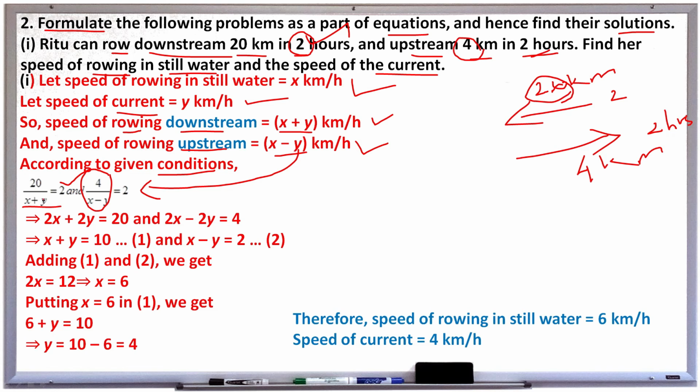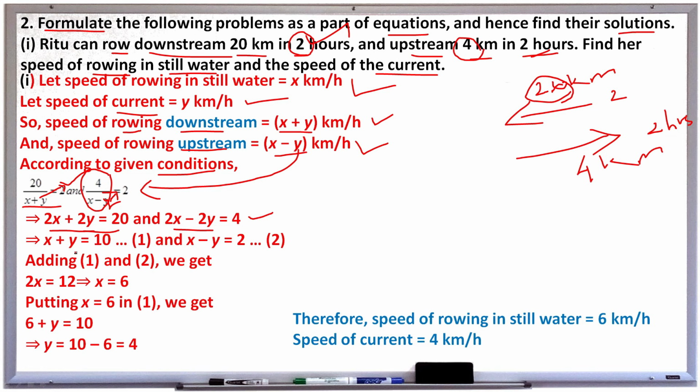Now cross multiplying, x plus y into 2, 2x plus 2y is equal to 20. Second equation, 2x minus 2y is equal to 4 ones are 4.